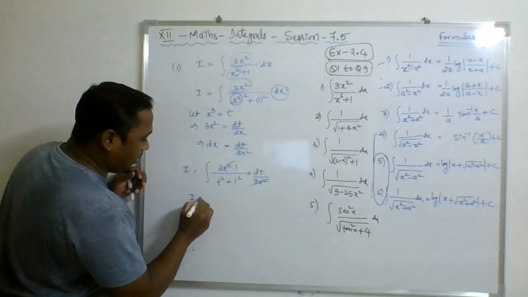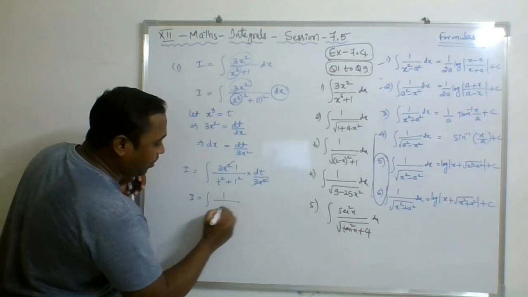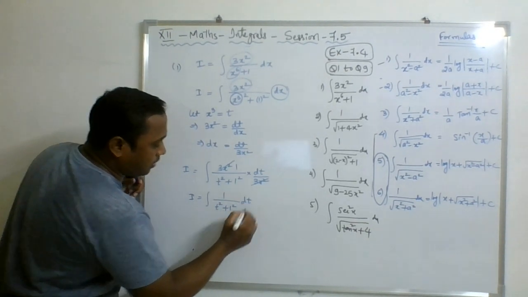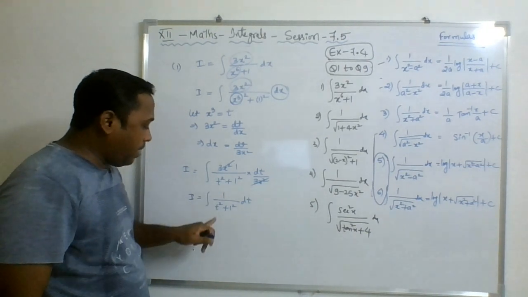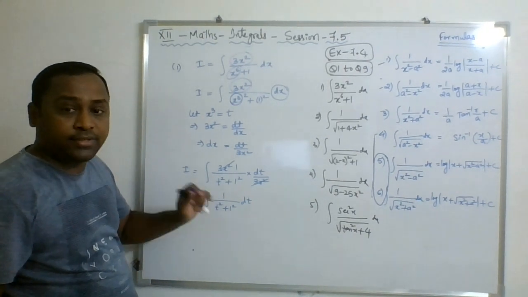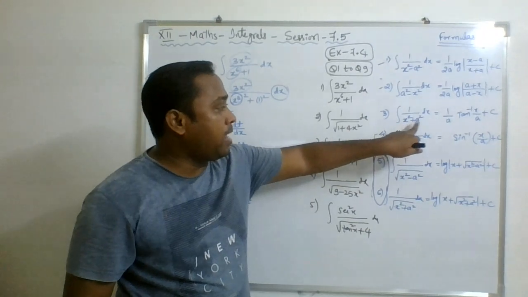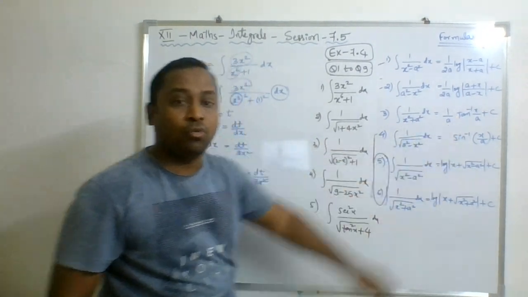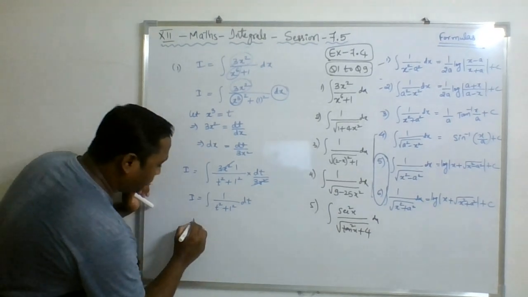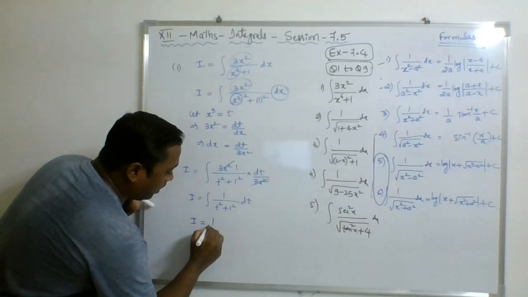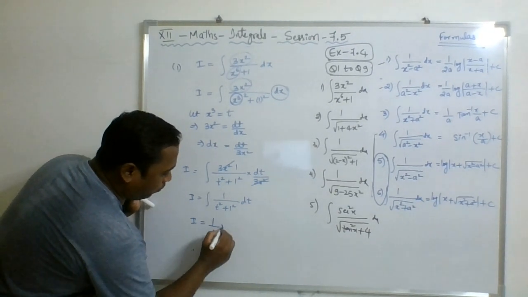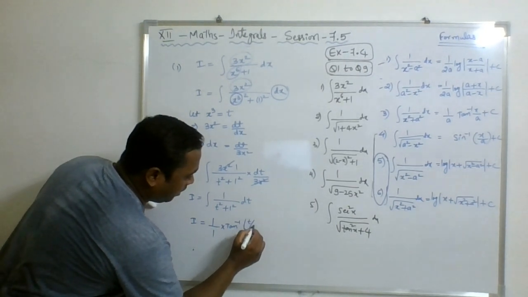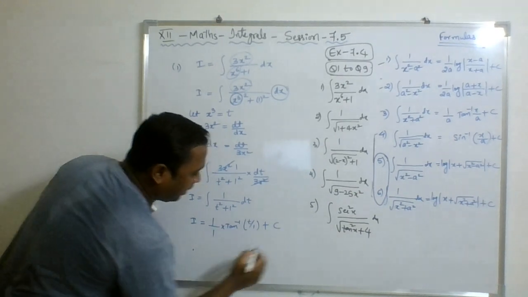Now you can see the entire sum is perfectly converted into a standard form, 1 by x square plus a square form. You can use this formula to finish it off. I is equal to, a stands for 1 only, so 1 by 1 into tan inverse of t by 1 plus c.